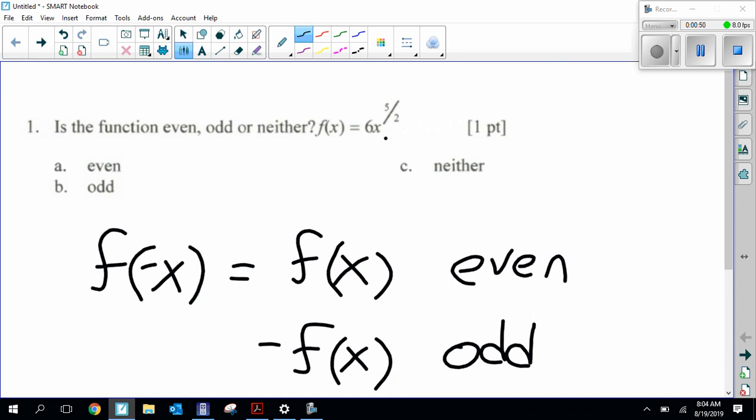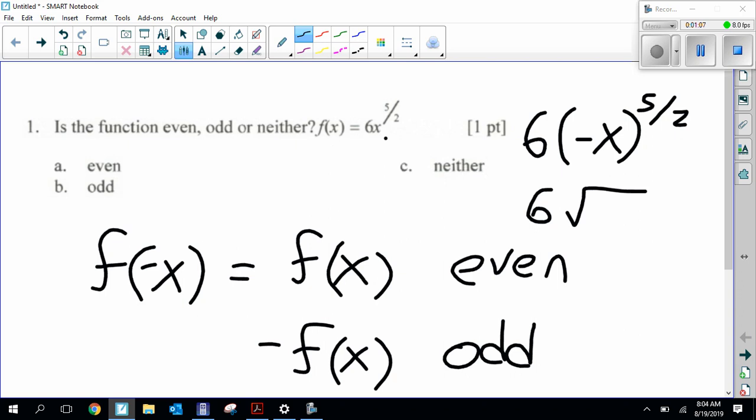So when we plug a negative in here, you get 6 negative x to the 5 halves. You have to look at the entire exponent. So that 5 over 2, you could rewrite that as 6 times the square root of negative x to the 5th power.